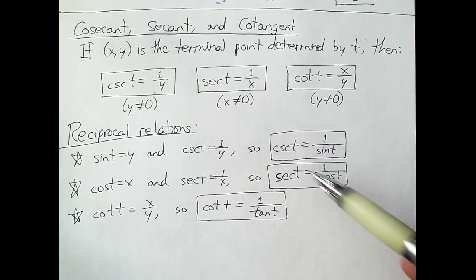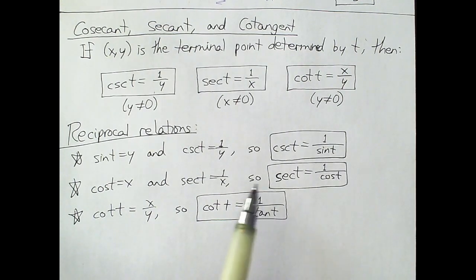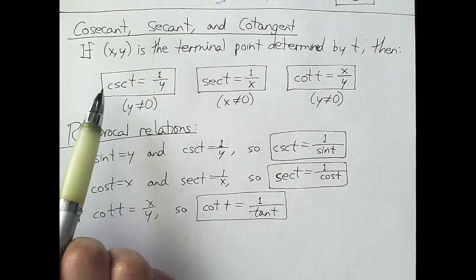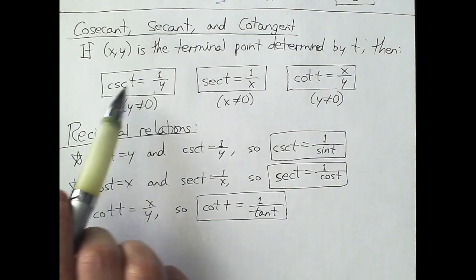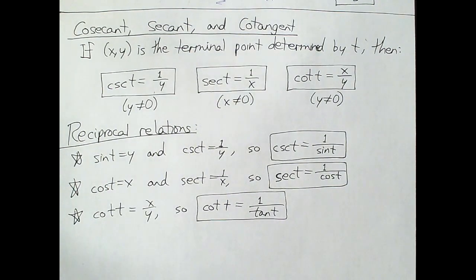They don't match up letter to letter. I don't know if that helps you remember it or not, but you could just remember that we defined cosecant to be 1 over y, we defined secant to be 1 over x, and it follows from there.